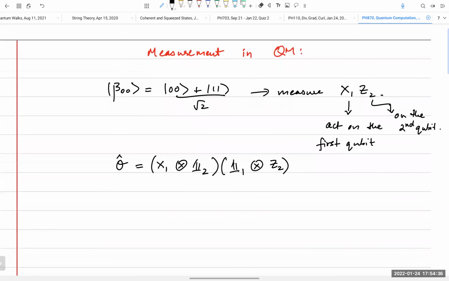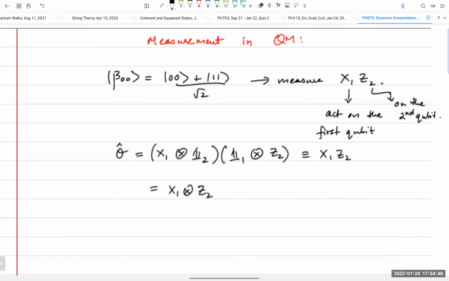That is what the operator x1 z2 corresponds to. And so I can also write this as x1 tensor z2 just for short.